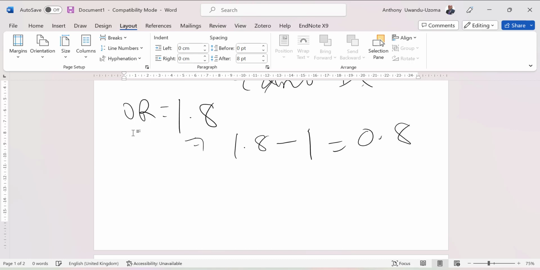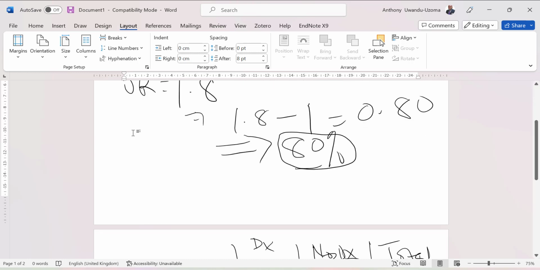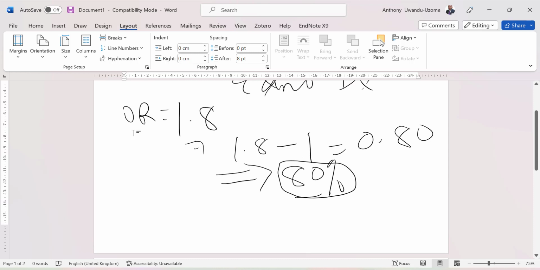So it's a positive value, which is 0.80. If you convert it to a percentage, that would be 80%. So the odds of having the disease increases by 80% among the exposed group compared to those that are not exposed.